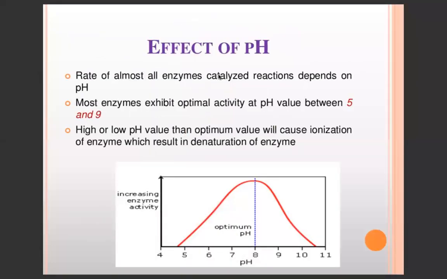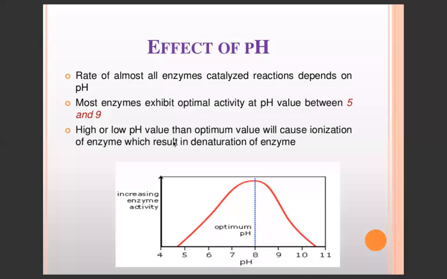Now the effect of pH is very important in catalyzing various reactions in our body. Most enzymes work in a pH range of 5 to 10. Hamza Amin is asking at which temperature the enzyme is completely inactive.